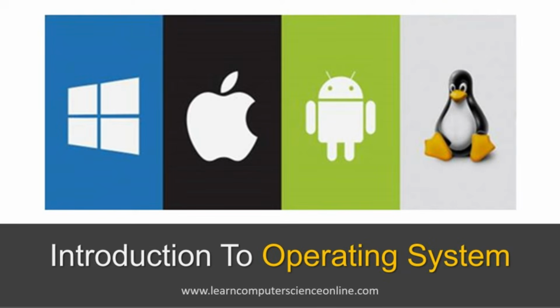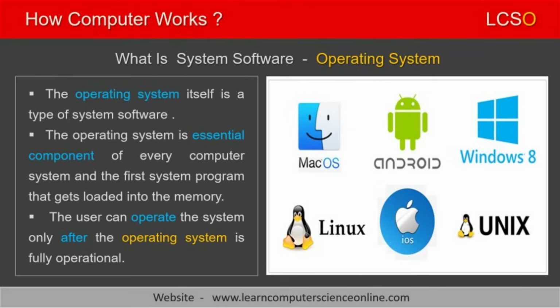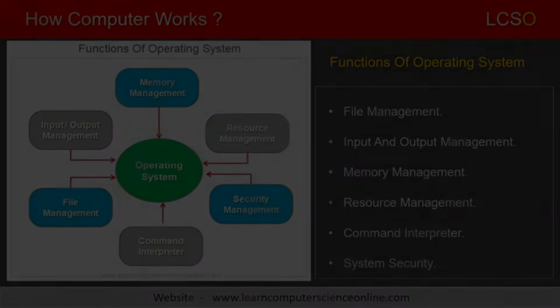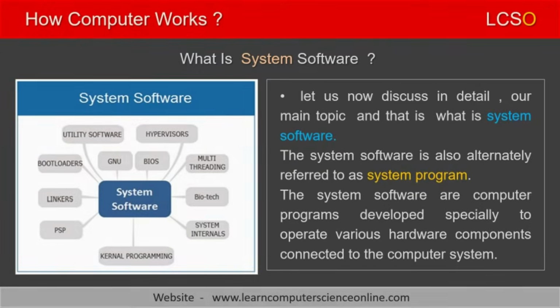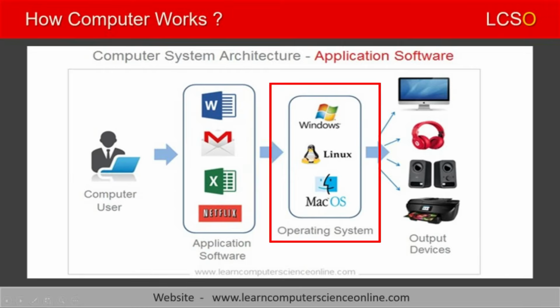Let us now get introduced to another important element of a computer, that is an operating system. An operating system is a type of system software, and the overall in charge of the computer, that performs some of the most important functions. A system software is internally used by the computer to perform some crucial functions and to operate various hardware devices connected to the system.